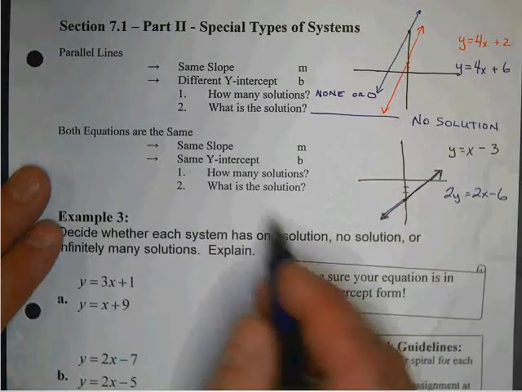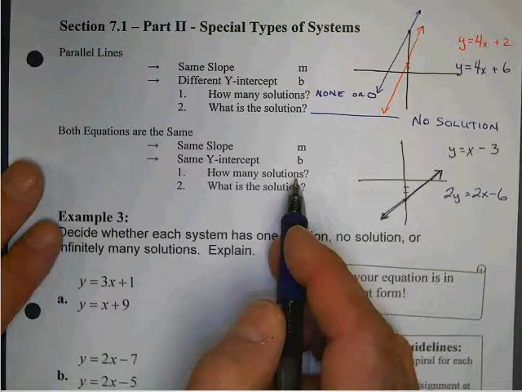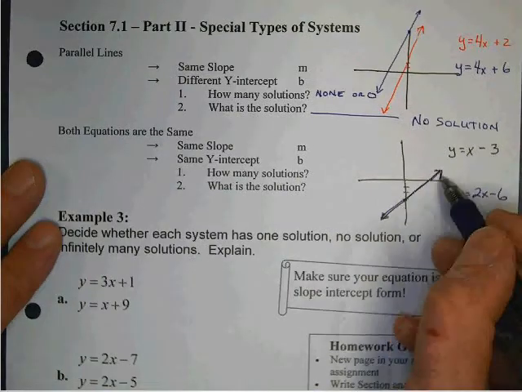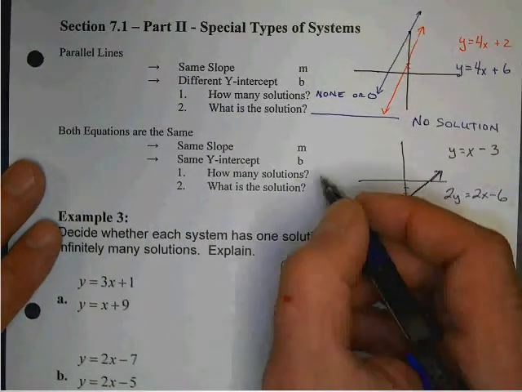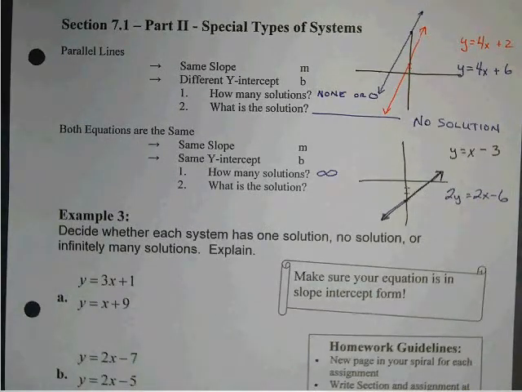Now, if the slope is the same and the y-intercept is the same, how many solutions are there? How many times does the blue line cross the black line? An infinite number. Now here's a different question. What is the solution? Where do the points touch each other? Everywhere on the line.